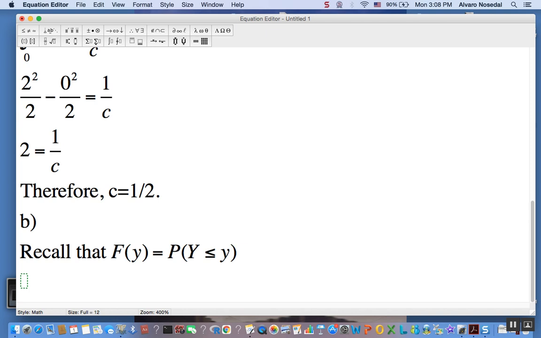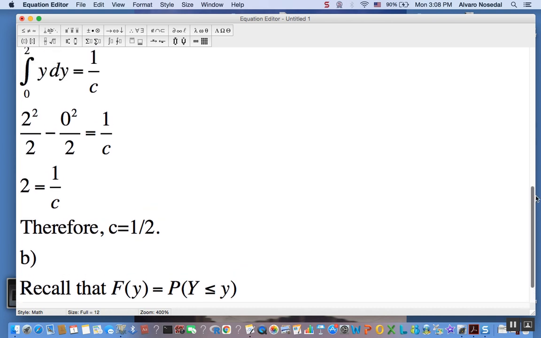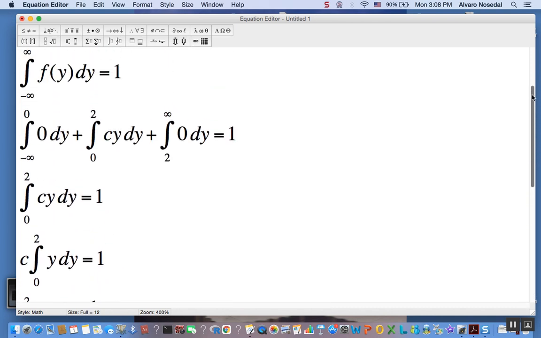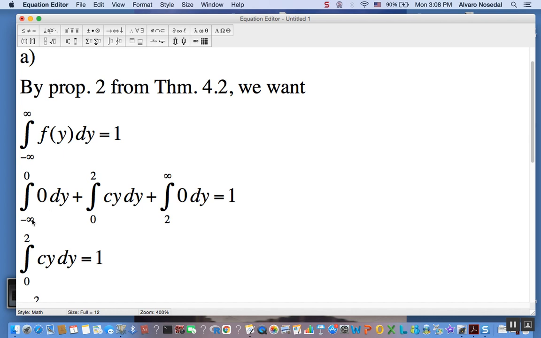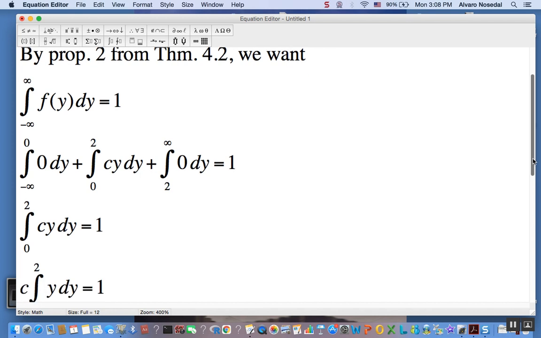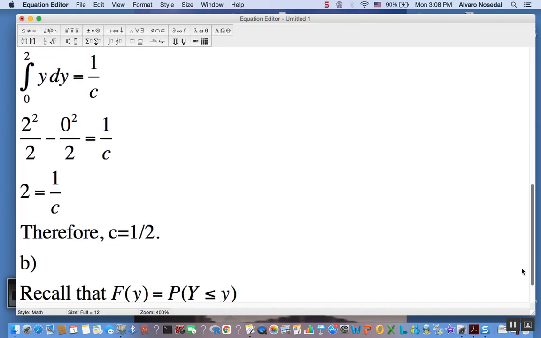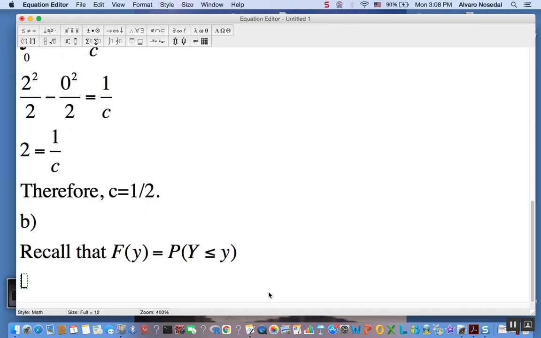Okay, so anyway, going back to what I was saying, just like we broke down this integral into 3 parts, we're going to do something similar to find the CDF. So if y happens to be in this interval between -infinity and 0, without including 0, we have this. So case 1.